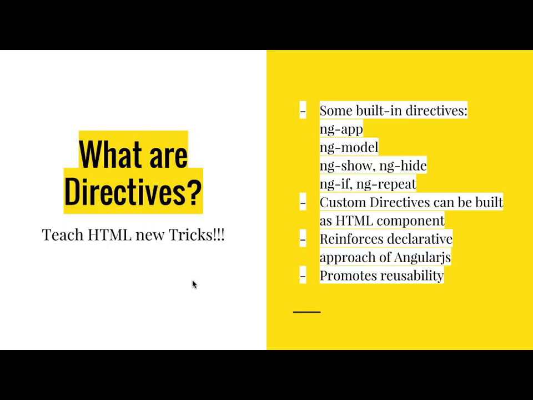Then you have to take care of a lot of other things, a lot of abstraction and all that. But if you just want to abstract your code and put it into a manageable structure, then you can create a different type of directive. We'll cover that in detail. But the nutshell is that you can also create your own custom directives.